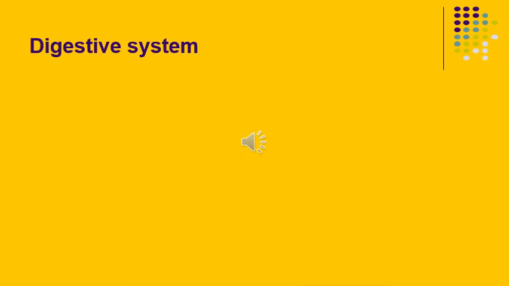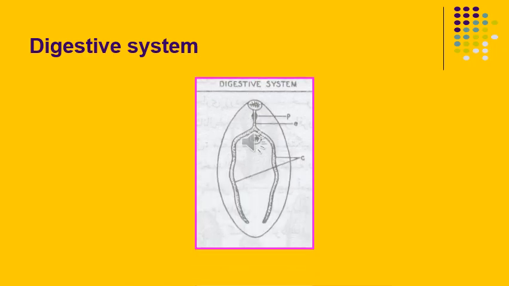To be more familiar with trematodes, it's necessary that we talk about their biological systems. The first one is the digestive system in trematodes. As you can see in the anterior part, we have an oral sucker, which is located around the mouth.